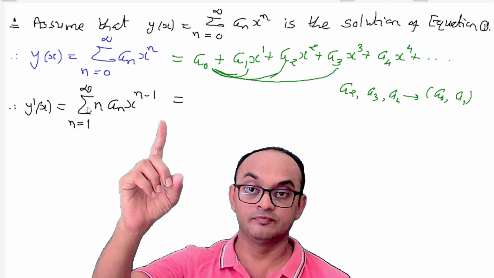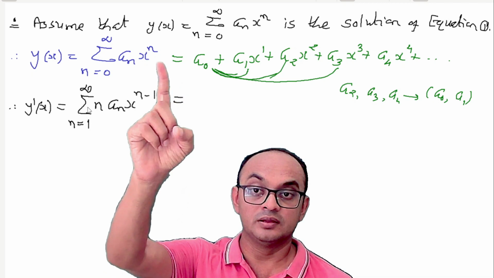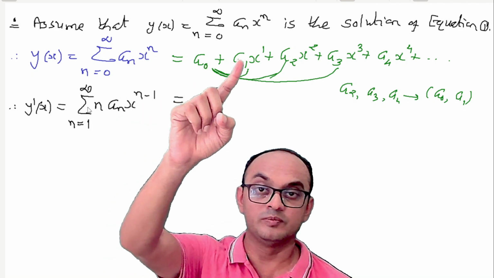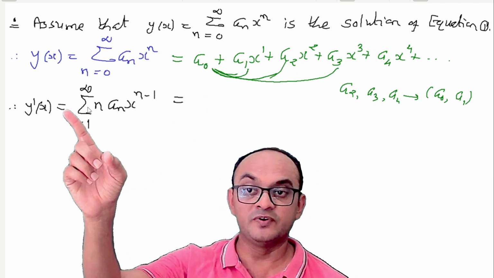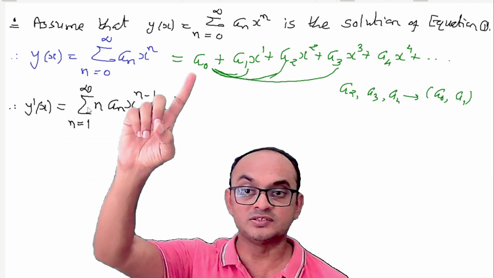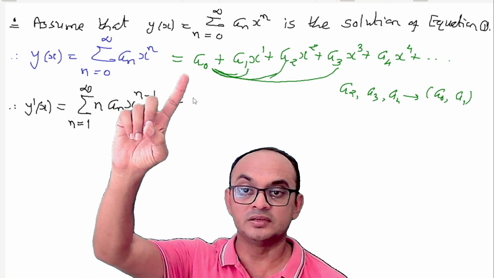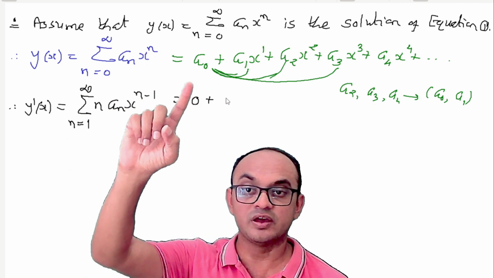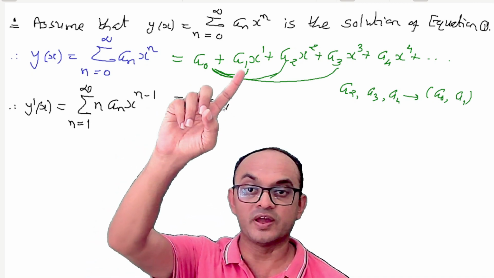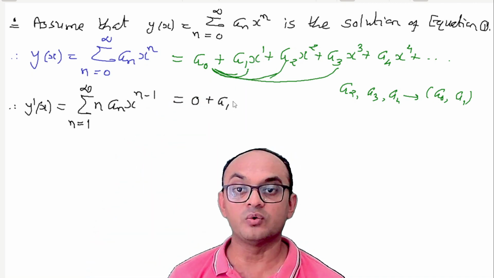See, this series is a0 plus a1x plus a2x square plus a3x cube. I am differentiating, right? So what is the derivative of a0? It is 0. What is the derivative of a1x? So a1 is the constant. Derivative of x is 1. What is the derivative of a2x square?